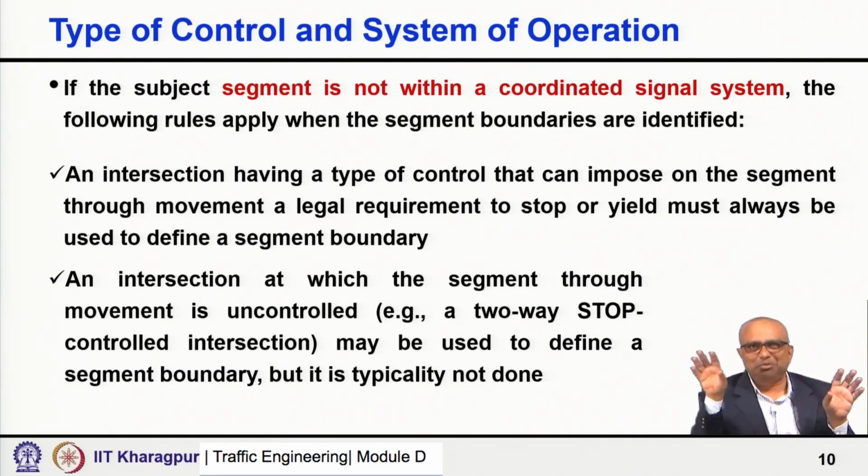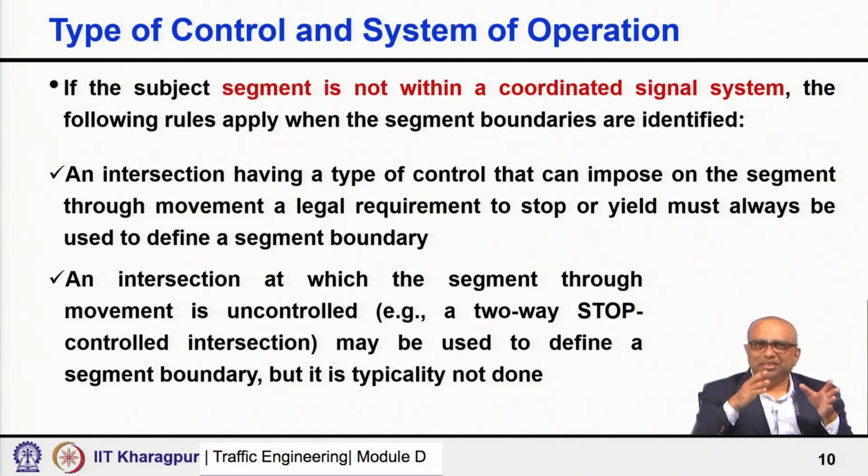So, what kind of intersections will be there? Having a type of control that can impose on the segment through movement a legal requirement to stop or yield. It has to be a stop control or yield control.